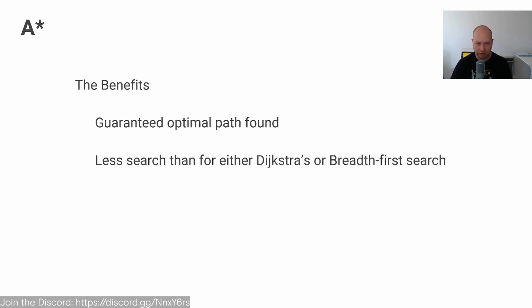So one of the benefits of A star, right? It's guaranteed to give you the optimal path, and it's going to be less computation than just a brute force breadth first search or Dijkstra's algorithm, which both don't have a notion of a direction or a north star to follow.